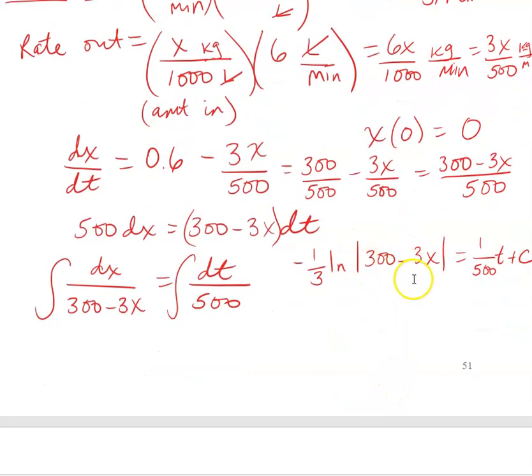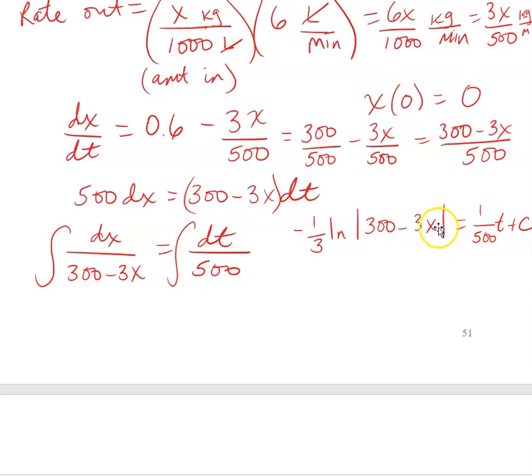And then I'm going to go ahead and solve for x, because remember, x was the amount of salt at any given time. So I'm going to multiply everything through by -3. So that gives me natural log of 300 minus 3x equals -3 over 500 t plus c. I don't need to worry about that because it's a generic constant at this point.